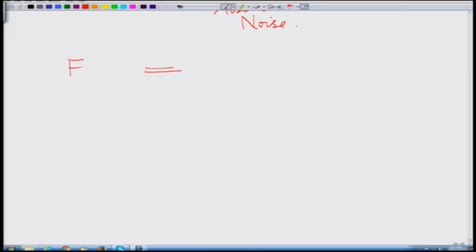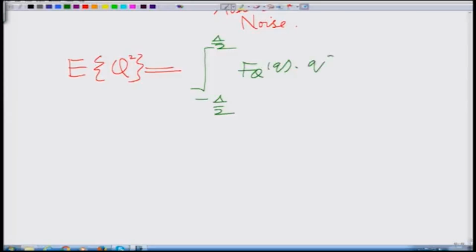Now, what is the variance of this quantization noise? That is basically the expected value of q square, which is the integral from minus delta by 2 to delta by 2 of q square times f of q dq, which equals the integral from minus delta by 2 to delta by 2 of 1 over delta q square dq.